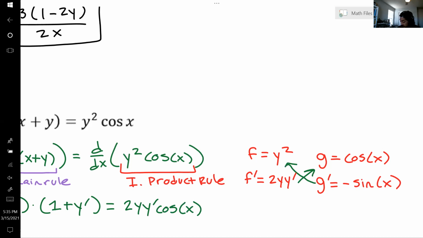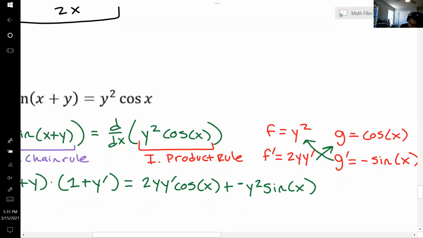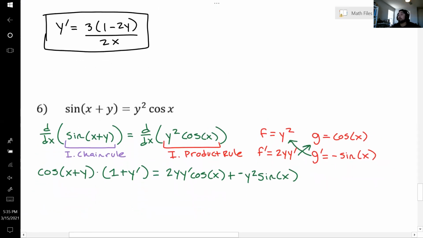So it's going to be negative, but I'll say plus negative y squared sine of x. Okay, let's look at what we have. Oh, just ugly, right?